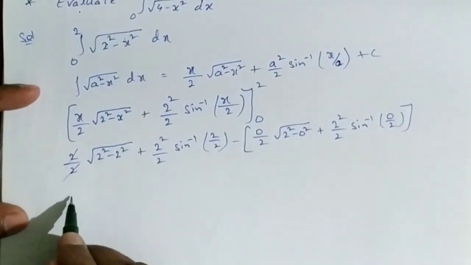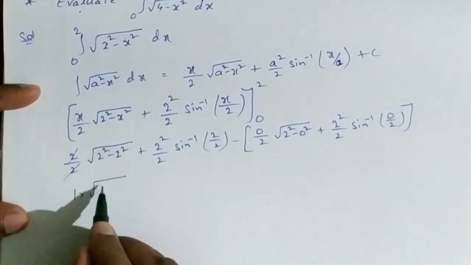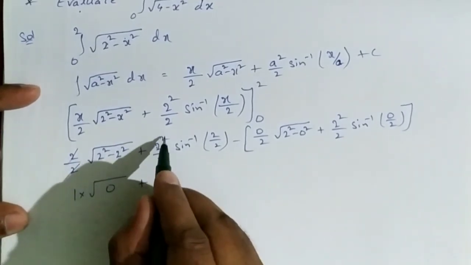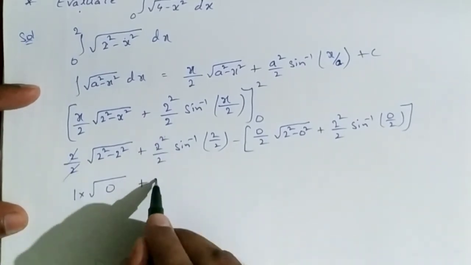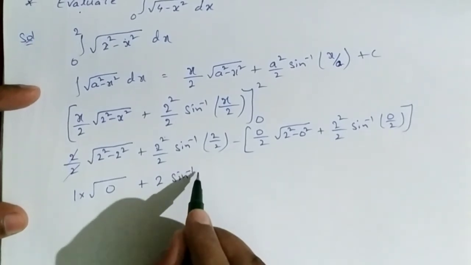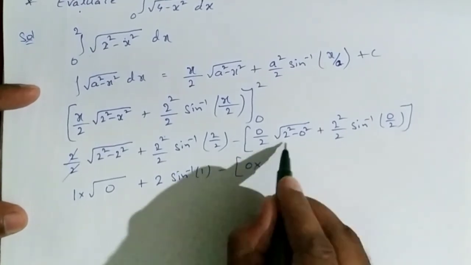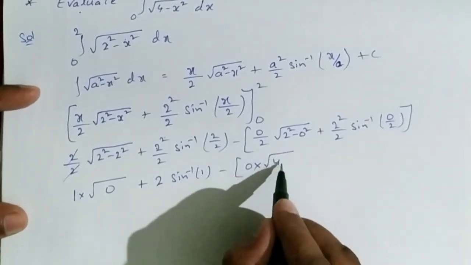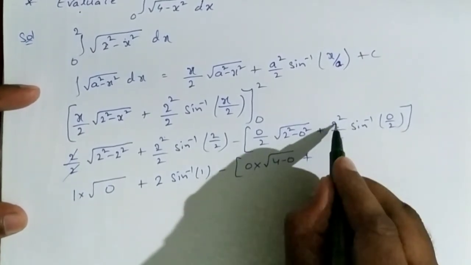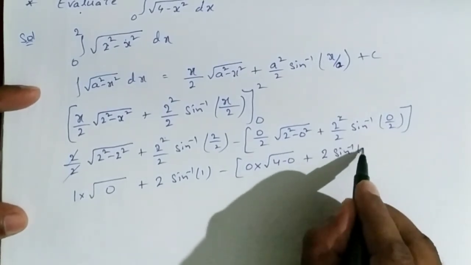Here 2 gets cancelled, that is 1 into root over 2 square minus 2 square is 0, plus here 2 square is 4 by 2 is 2 only, sin inverse 2 by 2 is sin inverse 1, minus 0 into something, plus 2 square is 4 by 2 is 2, sin inverse 0.